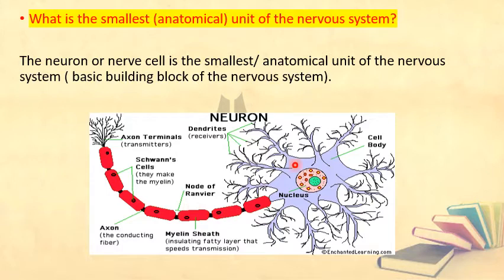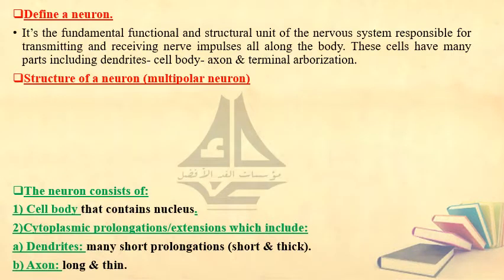So till now, the neuron consists of a star shape called cell body, and the long extension called axon. Inside the cell body we have cell membrane, cytoplasm, nucleus, and dendrites. These are the different parts of the neuron.